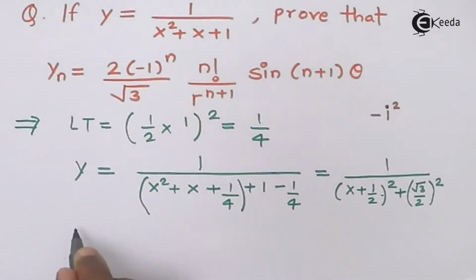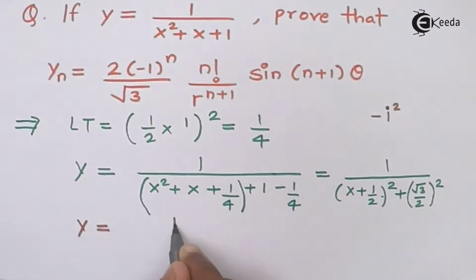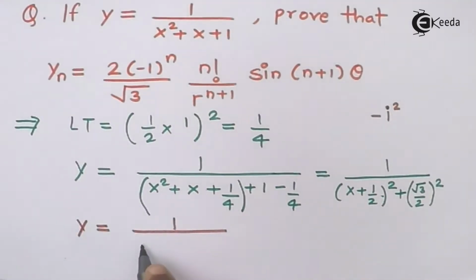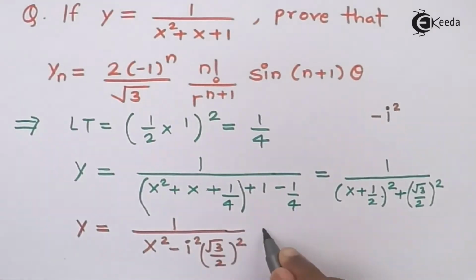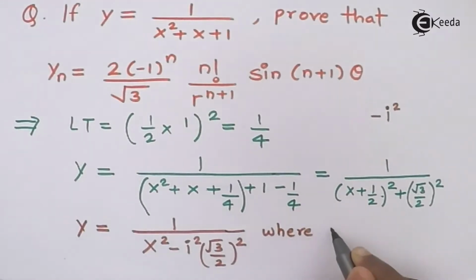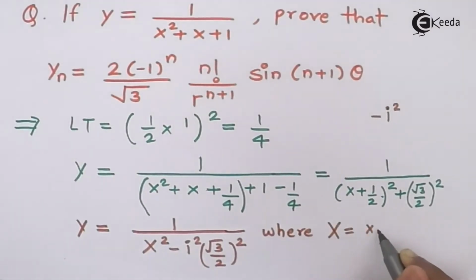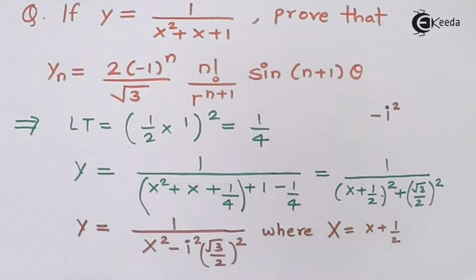So by doing that, I will get y equal to 1 upon, let's say this is capital X the whole square minus i square into root 3 by 2 the whole square. So what I did here is, I'll say where this capital X is x plus half. Now guys, by doing this, what we will get here is i square is minus 1, minus times minus is plus, so we'll get back this term again.